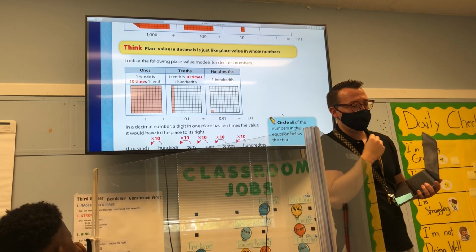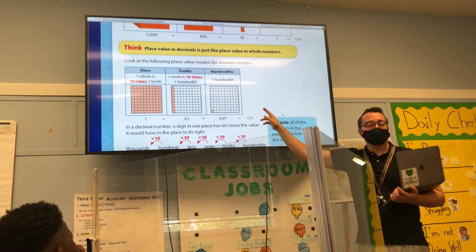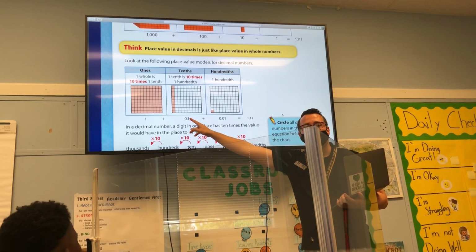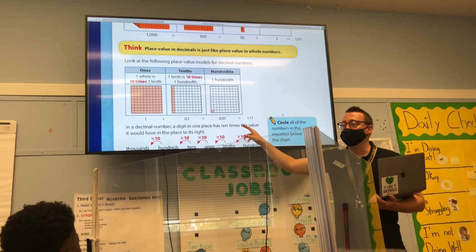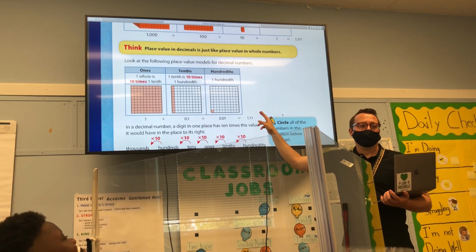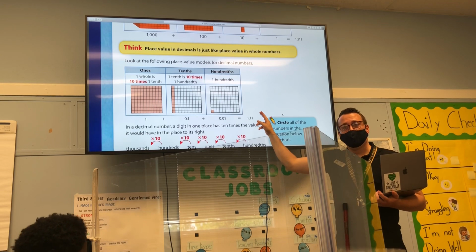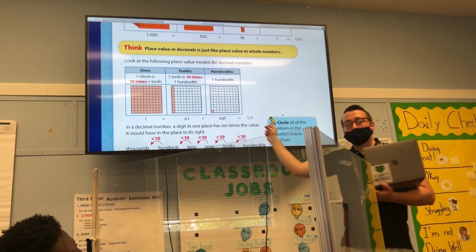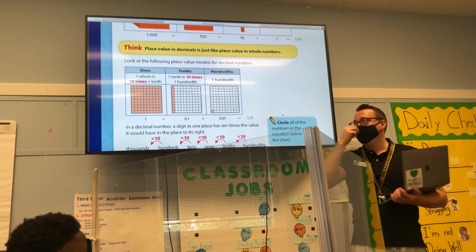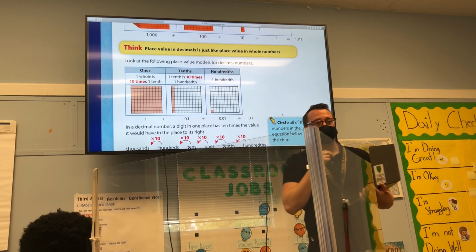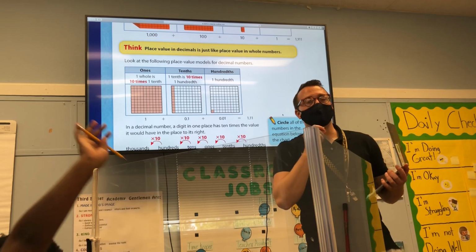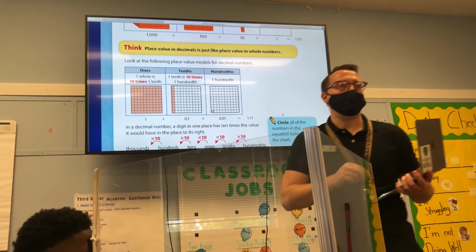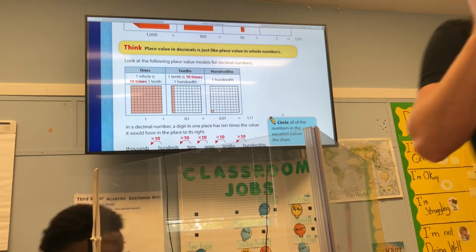But if I go one more over, when I have 0.005, remember we said this is tens, this is hundreds. What is this one? Thousands. So now I only have 5 pieces out of 1,000. That's much smaller than 5 out of 100. So if you wrote down 0.05, you got it right.